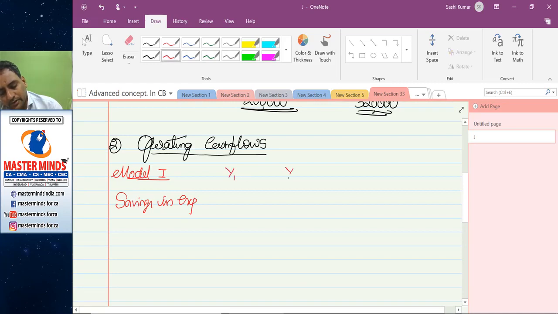First year, second year, third year, fourth year, fifth year. So savings in expenses would be 1 lakh.